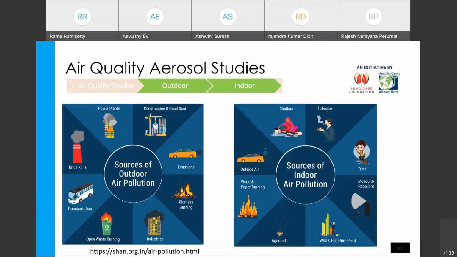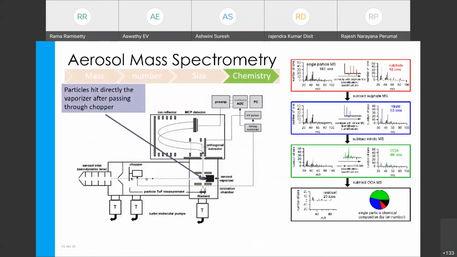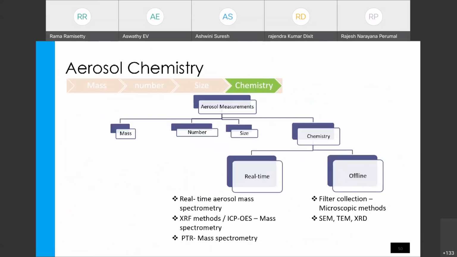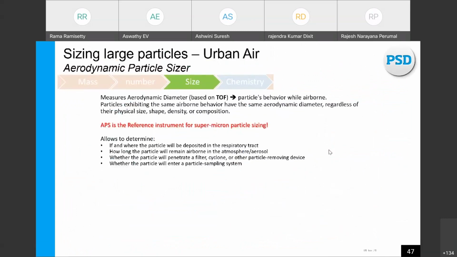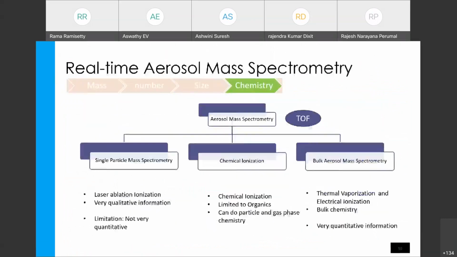WRF-Chem is one of the nice software packages for aerosol studies, and in Germany we have used one software made for the German researchers, actually made by the KIT people, Karlsruhe Institute of Technology. I can share those links later; you can mail me so that I can share those details.